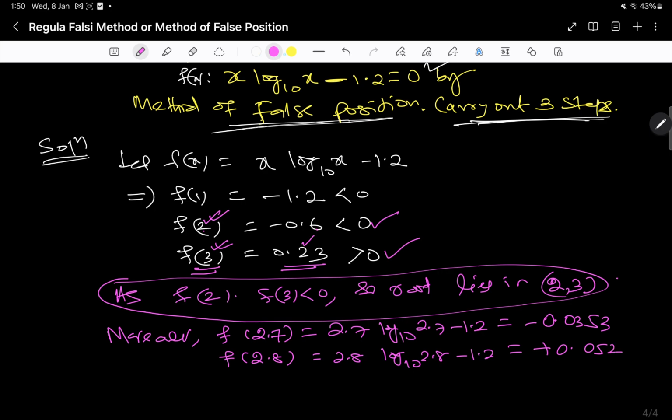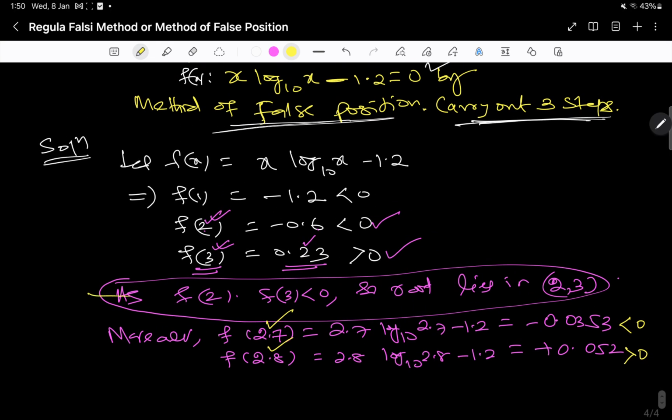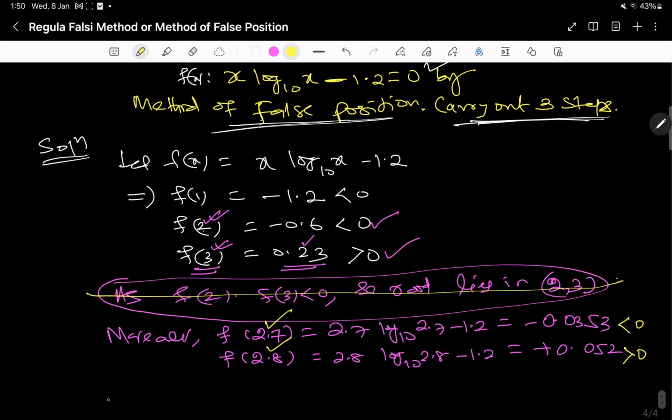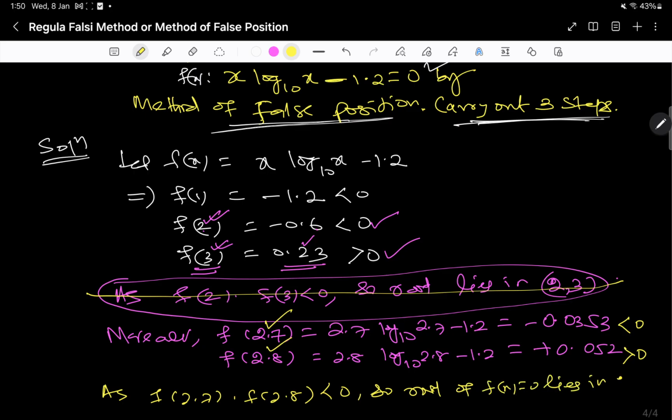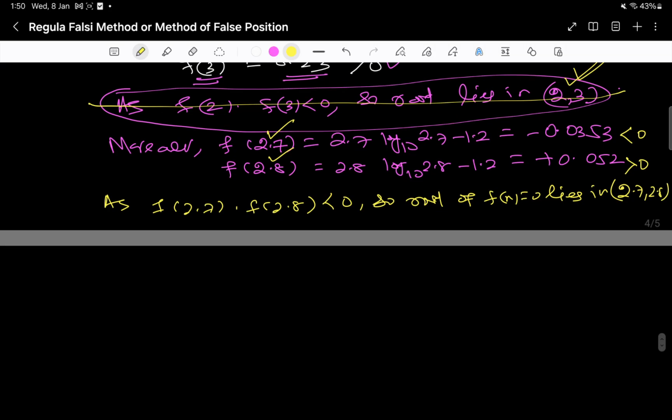These values are close, one negative and one positive. As f of 2.7 into f of 2.8 is negative, the root lies in the open interval 2.7 and 2.8. If I choose 2 and 3 it is also okay, but many steps would be needed. Here a small number of steps will give our answer.